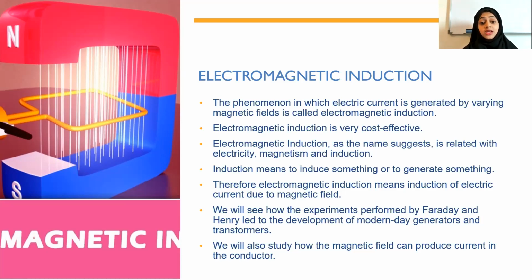Now, how did we get to know about electromagnetic induction? Who first discovered electromagnetic induction? In fact, three scientists, Michael Faraday from UK, Henry from US, and Lenz from Russia. These three scientists, in a similar period of time, did a series of experiments, and they discovered this phenomenon called electromagnetic induction.